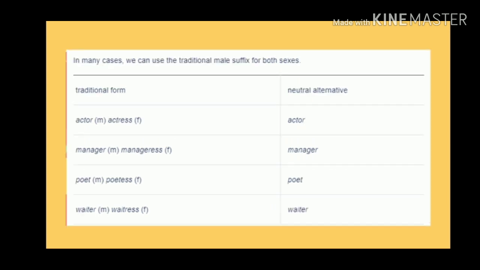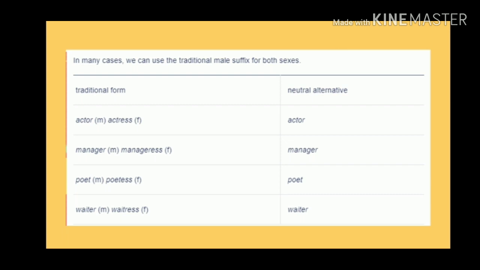In traditional forms, we also have suffixes for the female sex, right? Like in the traditional form of actor, we have the male form, actor, without a suffix, and then the female form, actress. We have the suffix "ess" here, and also manager, manageress.